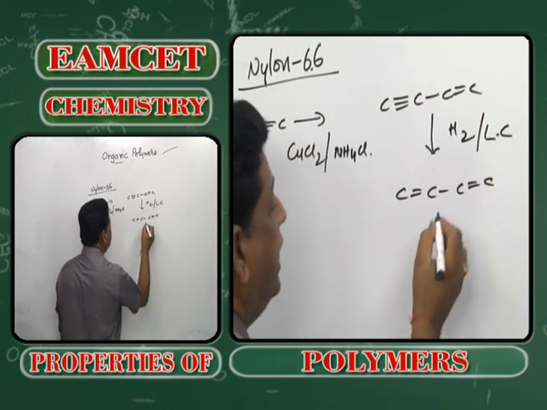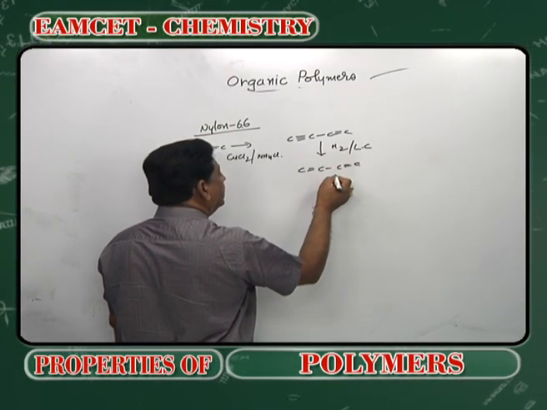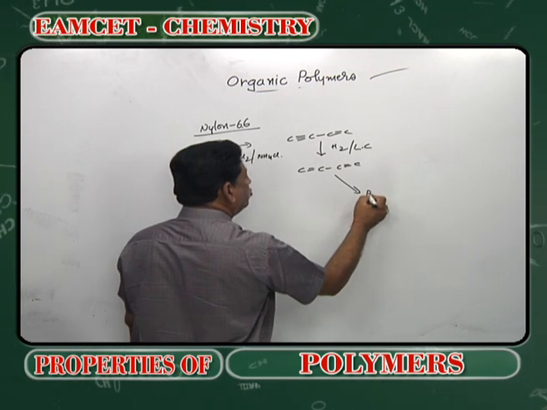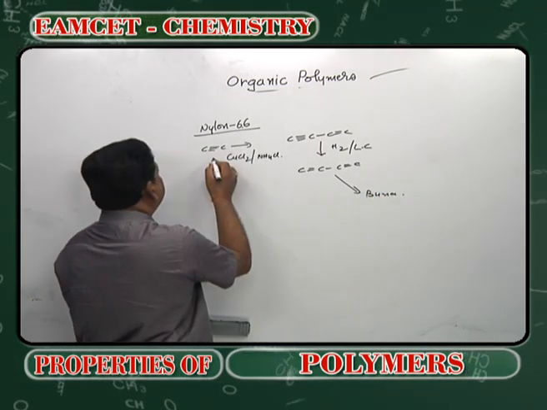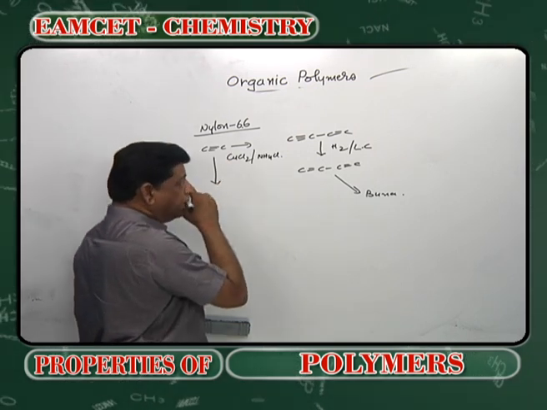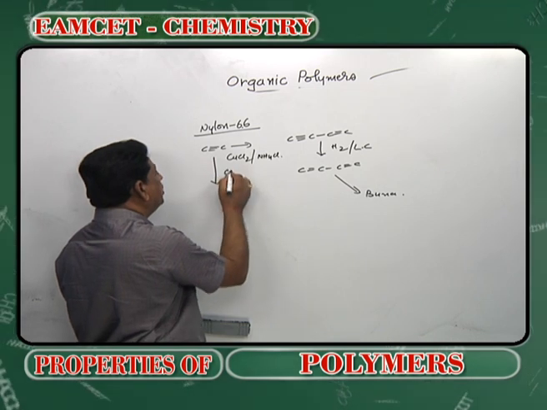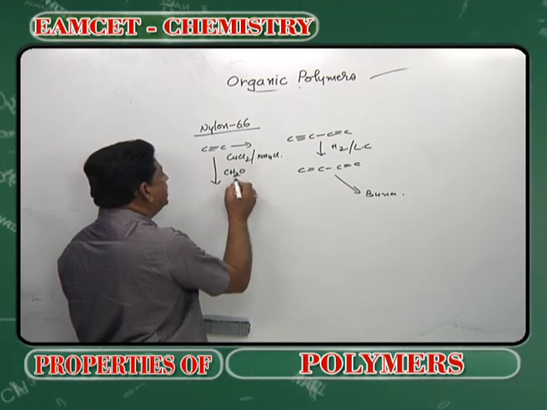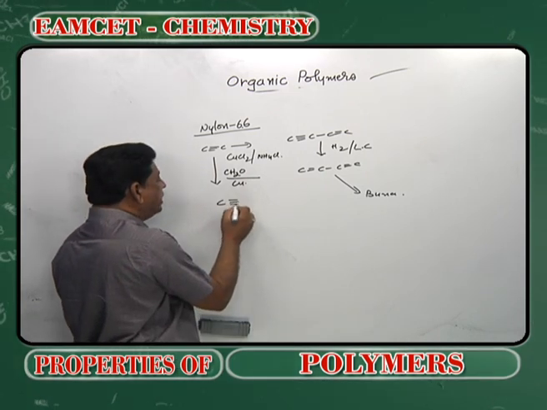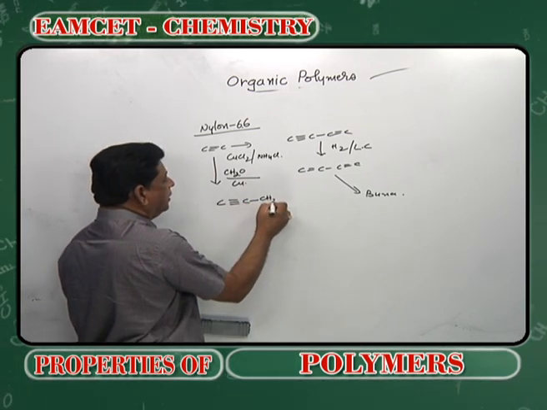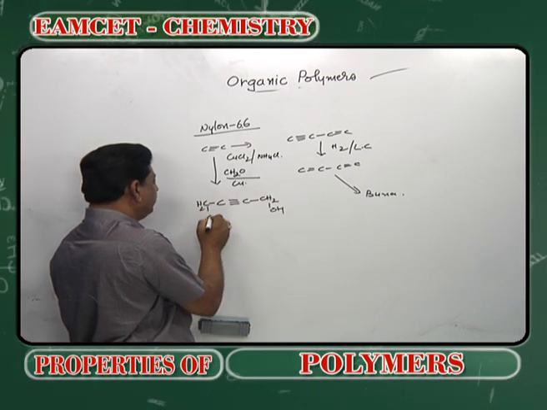So, this butadiene you can use for Buna rubber and so on, but acetylene has a lot of sources for preparing different polymers. Use formaldehyde in the presence of a copper catalyst and you will get hydroxymethylation.